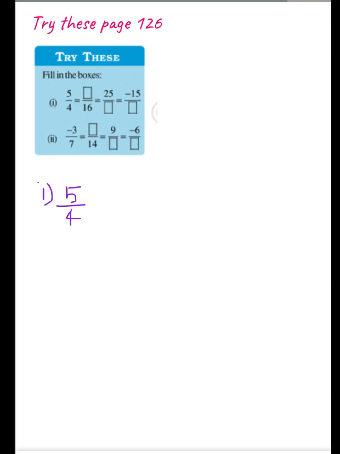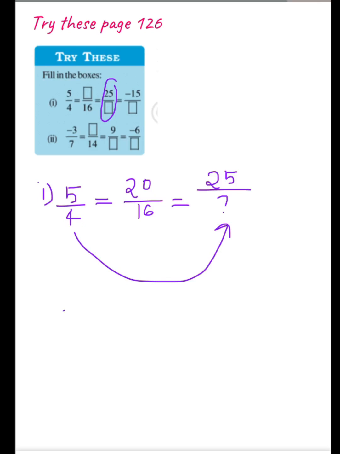Okay. Now so in the first case you got the answer as what? 20 by 16. And now what is next? It is 25 by dash. Okay, 25 by something. Let's put question mark here. So let's take the same thing itself, that is 5 by 4 equal to 25 by something.